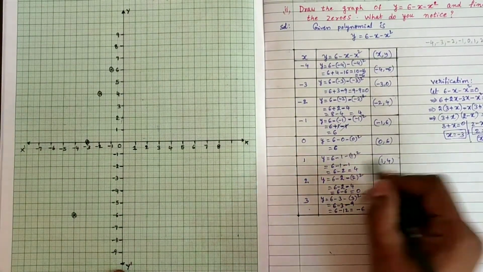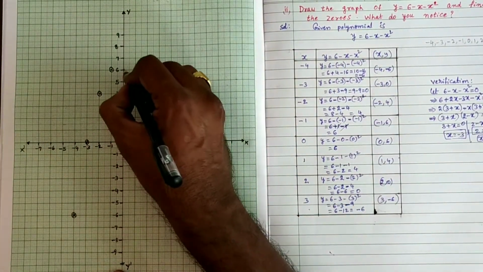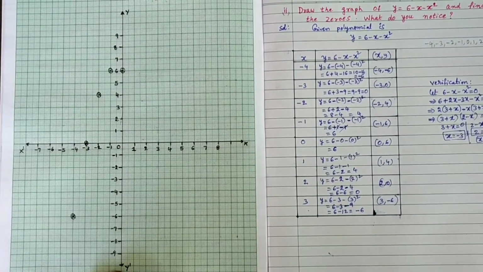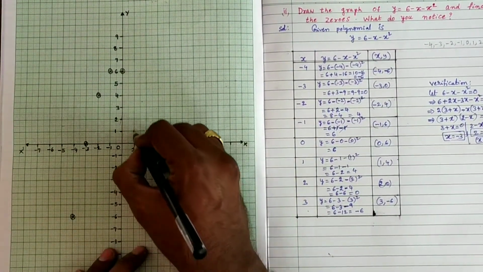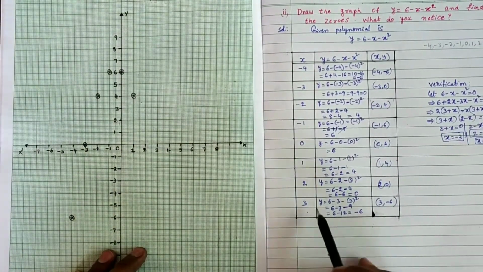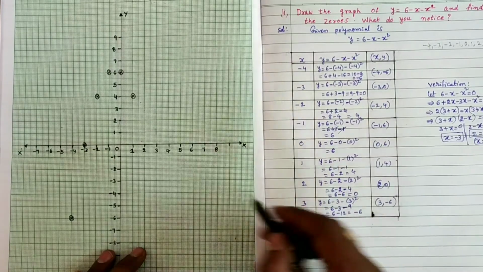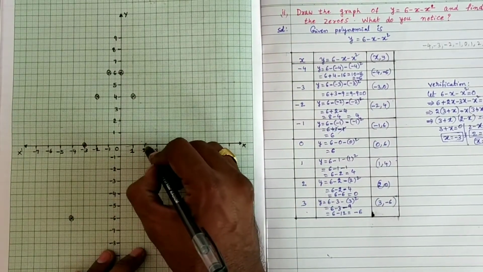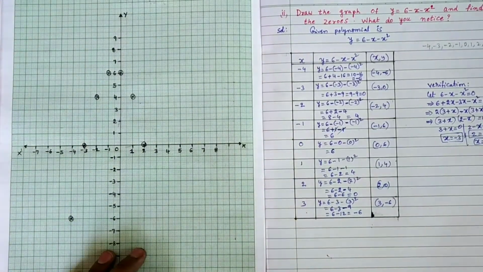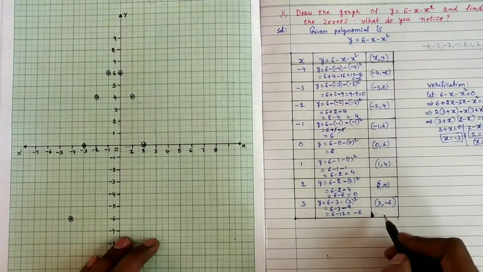And 0 comma 6. Next 1 comma 4, for 1 on x, 4 on y. Next 2 comma 0. 2 on x, 0 on y. So this represents 2 comma 0. And for 3, minus 6.